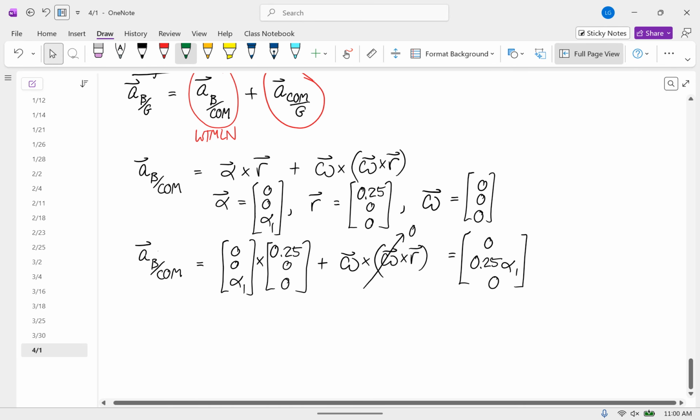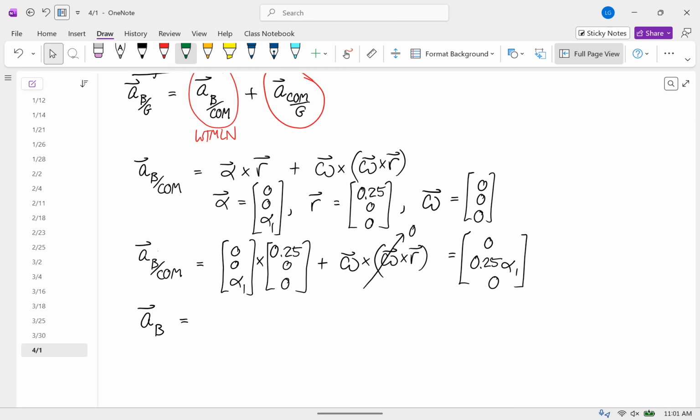Okay, not quite done yet. So the acceleration of B relative to the ground is this, plus the acceleration of the center of mass relative to the ground, which is a1x, a2x, 0.